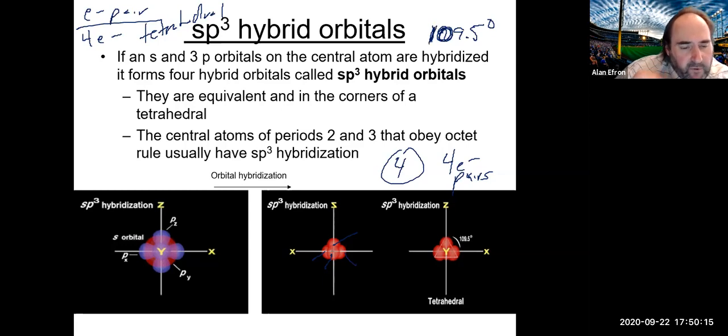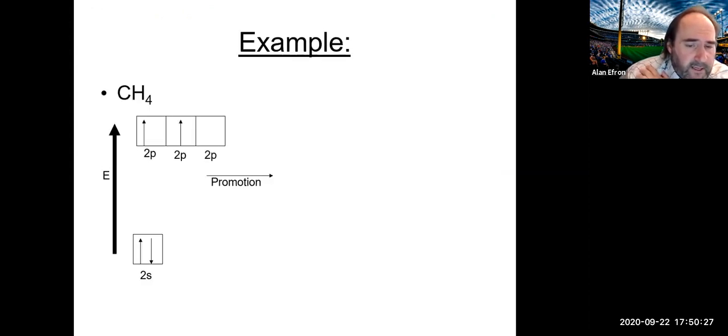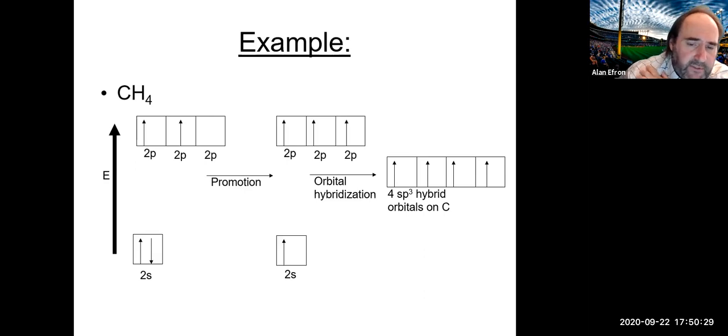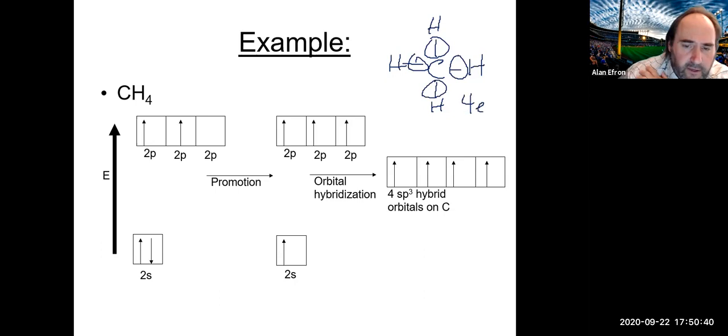So when you have 4 electron pairs, just like you would count for geometry, you would expect this to go through sp3 hybridization. Let's take a look at an example of that, and that would be CH4. Same idea here. If we drew CH4, one, two, three, 4 electron pairs.